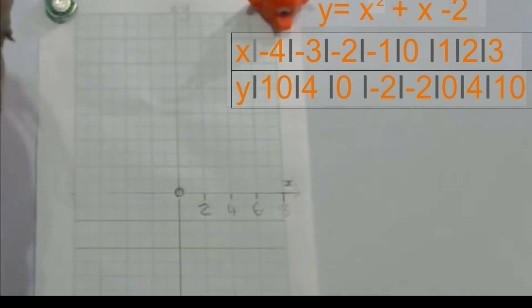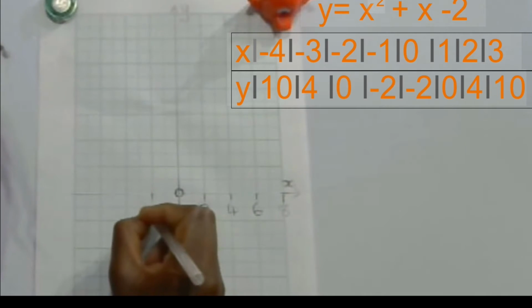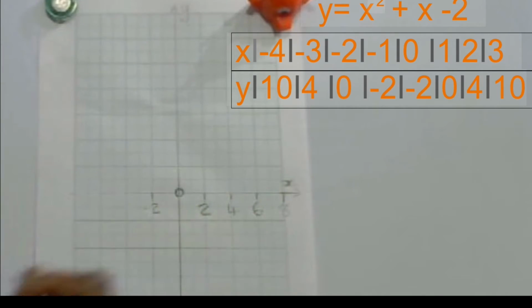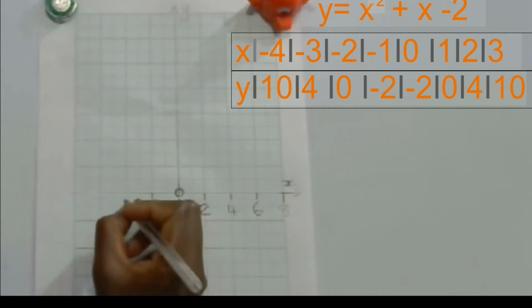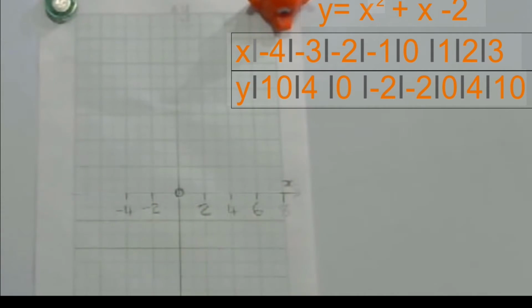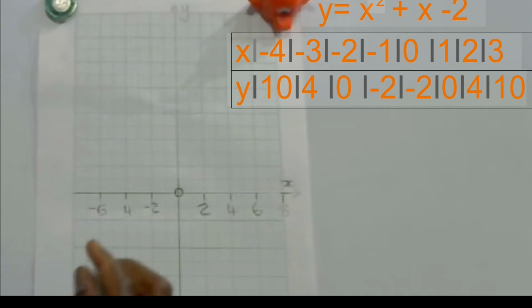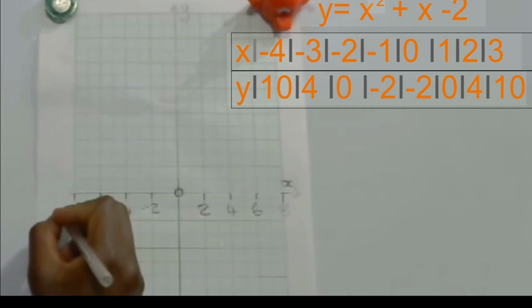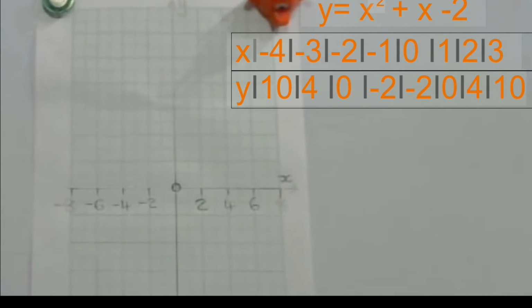And we've got our -2, our -4 there, our -6, and our -8. I just want to see whether we can see clearly.